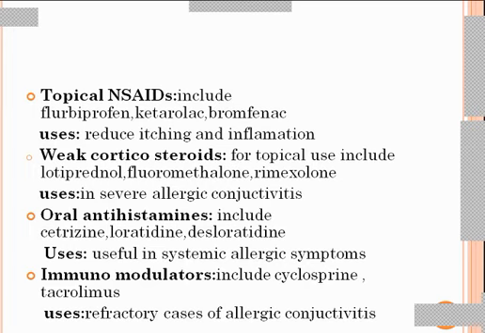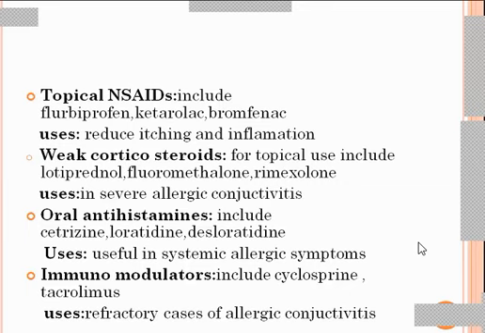Suppose some cases are resistant to these drugs, then we go for weak corticosteroids. Why weak? Because potent steroids cause a rise in intraocular tension as the main side effect. That means they will cause primary open angle glaucoma.